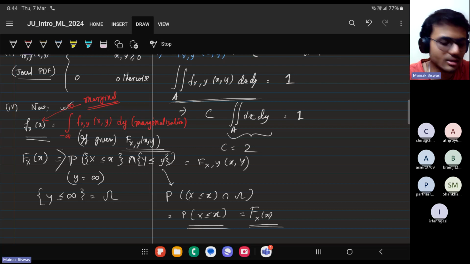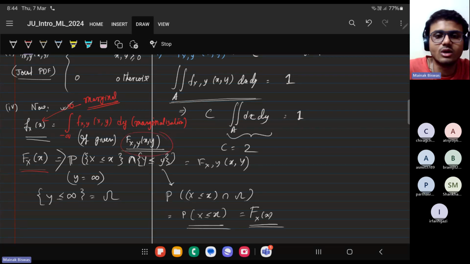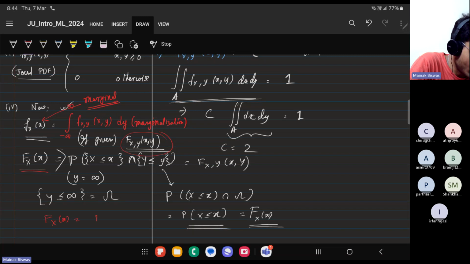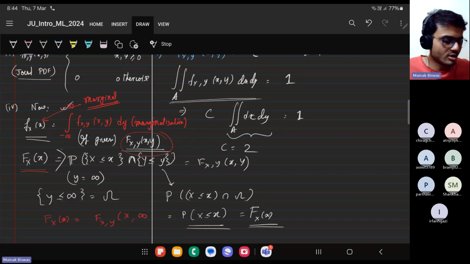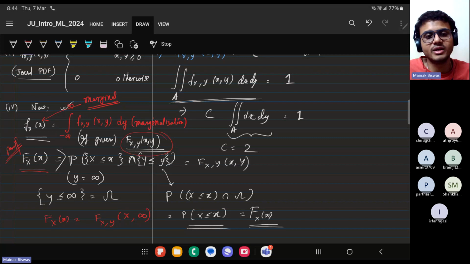You mean this capital F of x? To find that, I already showed it now. If you are given the joint distribution, just put y equal to infinity. It is done. We showed the proof just now. And that is equivalent to integrating from minus infinity to infinity on the density.